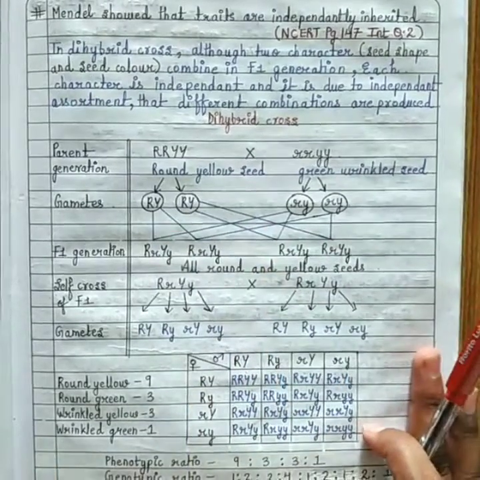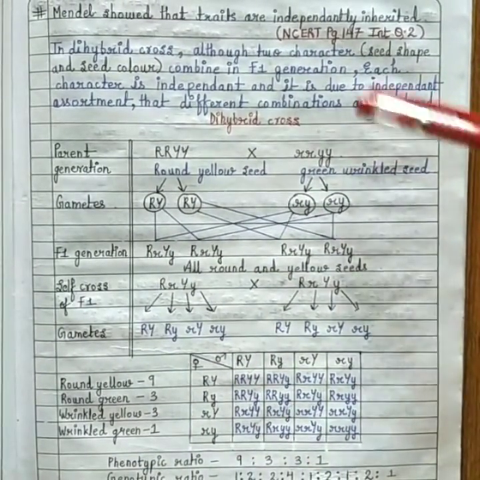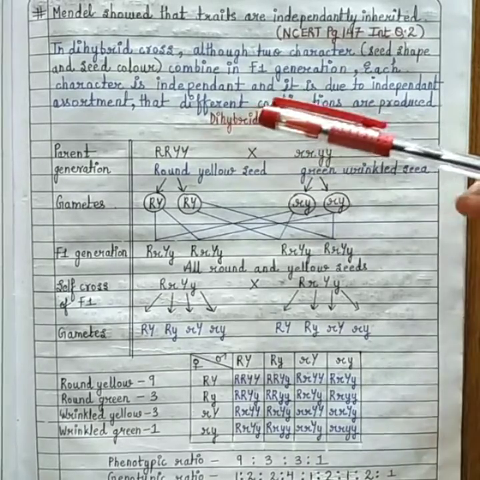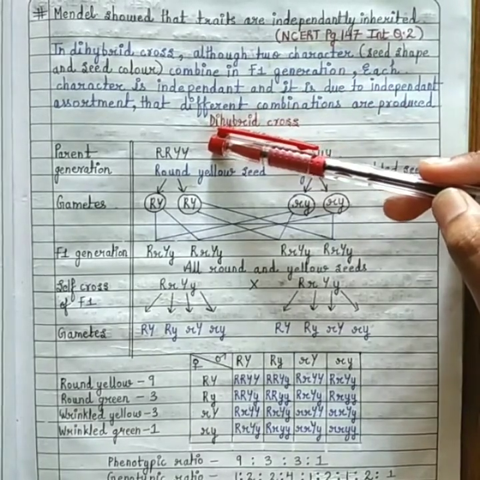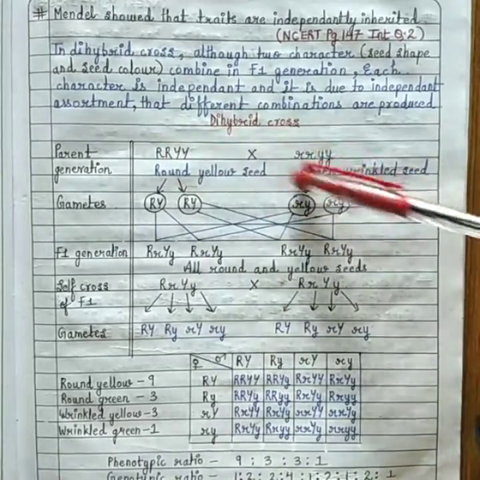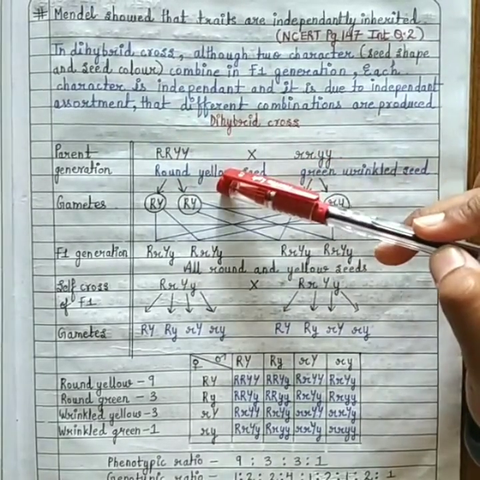This dihybrid cross you have to understand very properly because it's quite confusing. Just recall what the dihybrid cross said, that when two pairs of characters are studied together, मतलब अब हम दो pair of characters को एक साथ study कर रहे हैं, means seed shape and seed color.